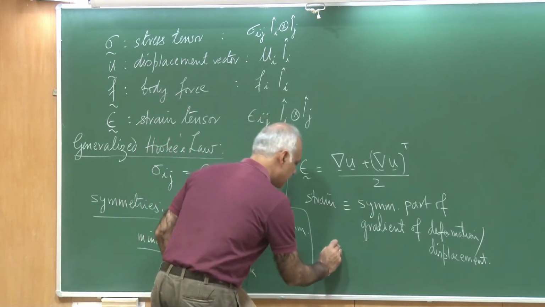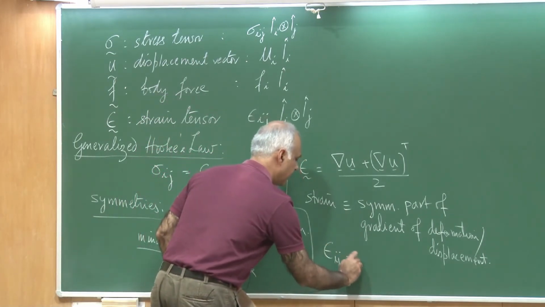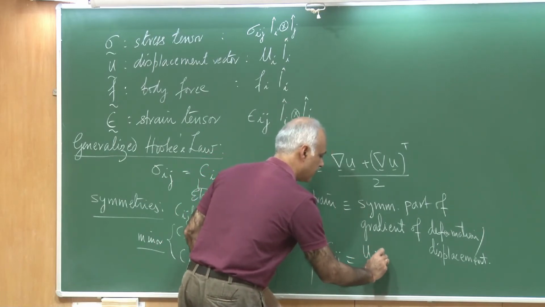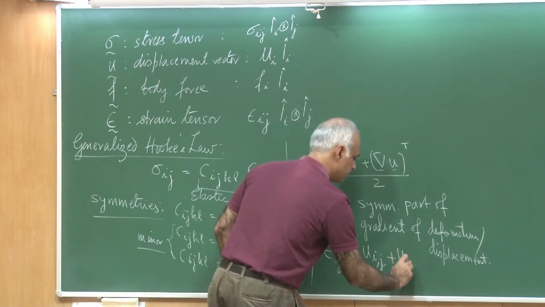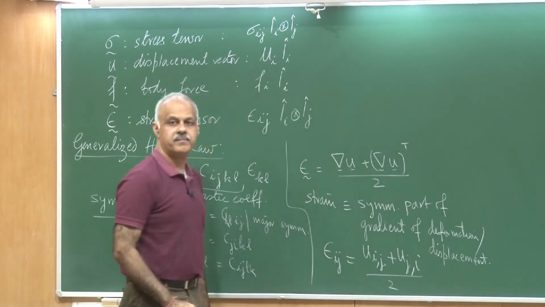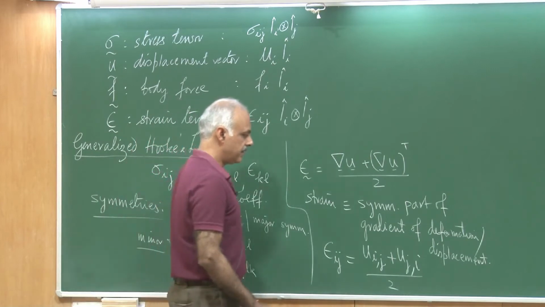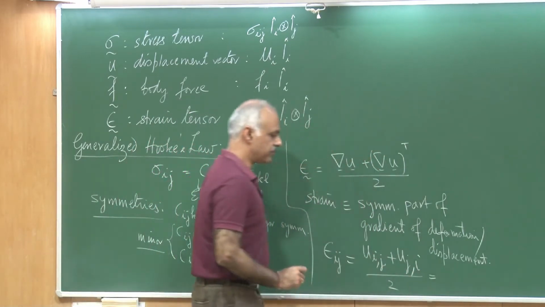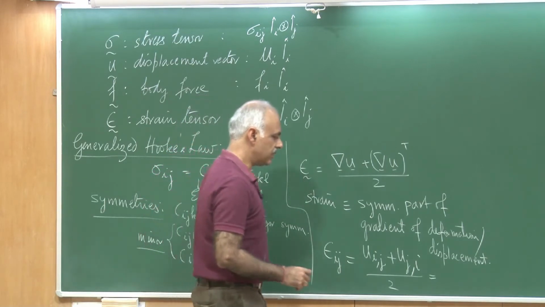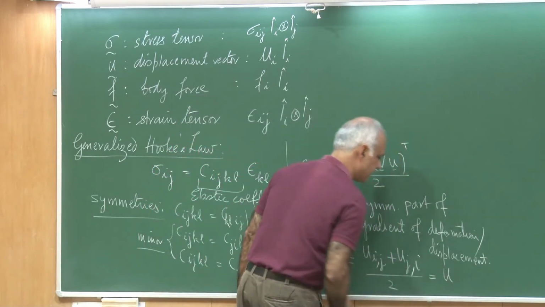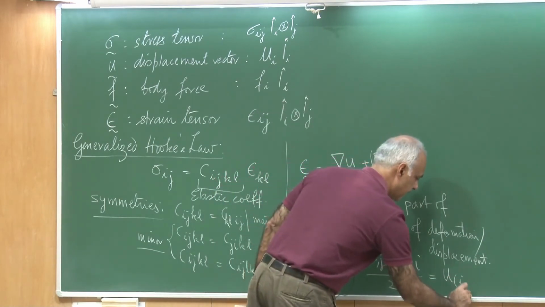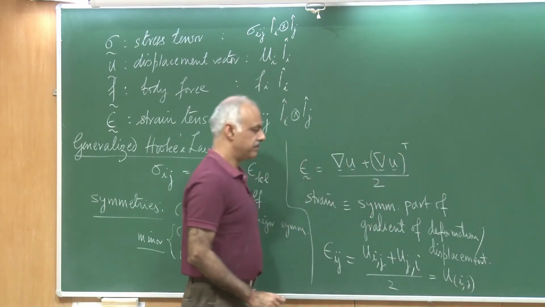In the index notation, I could write E_ij as simply u_i,j plus u_j,i divided by 2. In fact, by the notation that we have proposed for the symmetric tensors just a while ago, I can replace this in a more concise manner as simply u_(i,j).